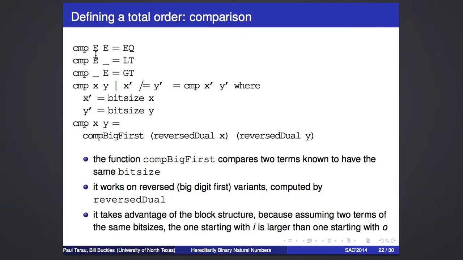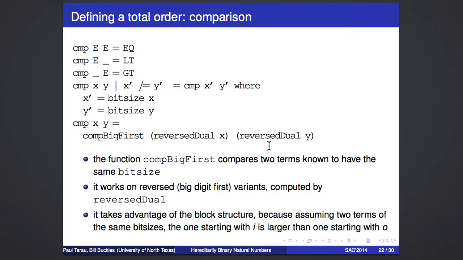Fortunately, if their bit sizes are different, we know for sure which is bigger. For bijective base 2, because zeros and ones both count, basically if the bit size of a number is larger than the bit size of another one, then the number is larger. So we only have really to compare numbers that happen to have the same bit size, which is the case here.